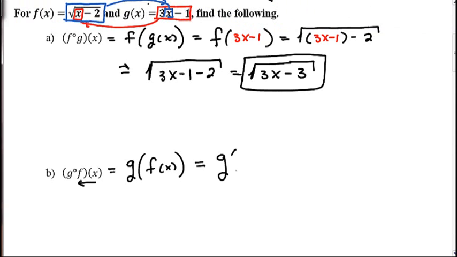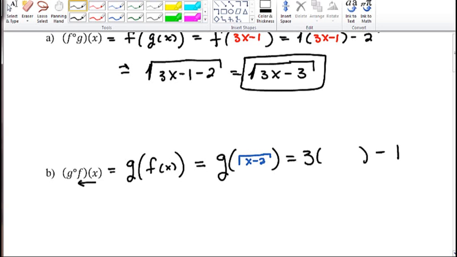So we want to find g of the square root of x minus 2. The function g is 3x minus 1, so that's going to be 3 times what our x is, and then minus 1.